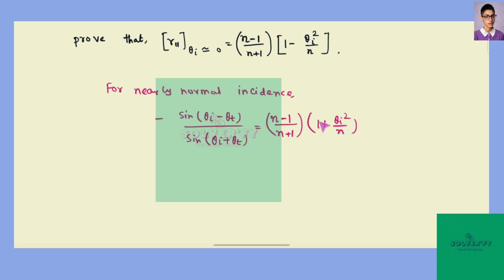So this is what we got in the previous problem. Let's say this is my equation number 1.